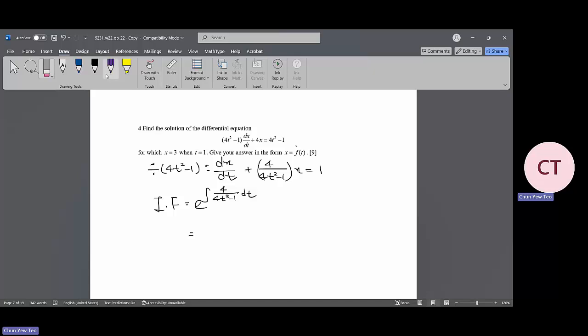But over here, I will show you. This one can be solved by using partial fractions. So you factorize 4t squared minus 1 to become 2t plus 1 and 2t minus 1.